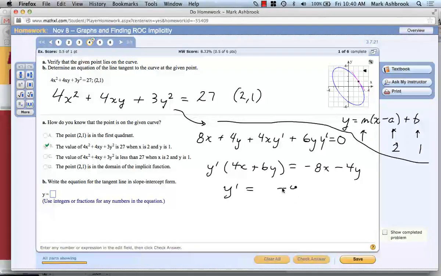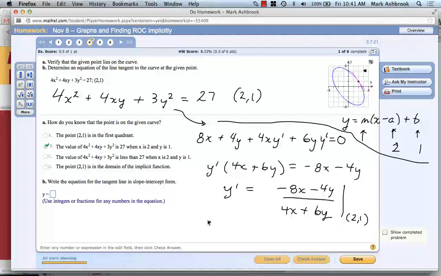And so we got negative 8x. Okay, so I just cruised through that. Anybody? Did I make a mistake? How about that? Did you follow everything I did? 4x plus 6y, move these over both negative, divided by that. Okay, got it. So rate of change is this thing evaluated at 2, 1. It will give us our rate of change.